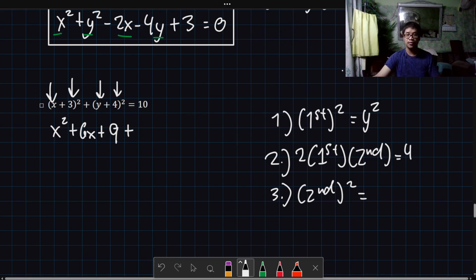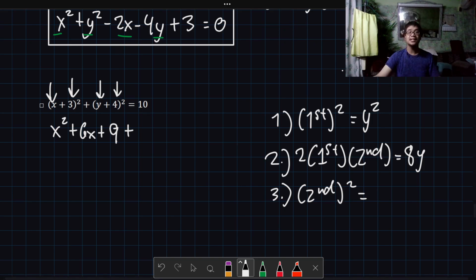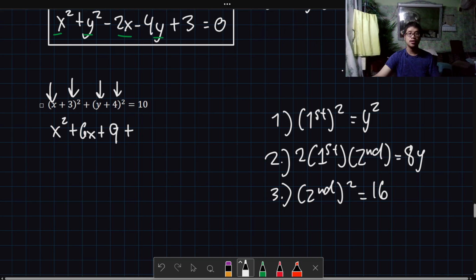So you will get 4y. No, wait, that's 8y. Forgive me, 2 times y is 2y, times 4 is 8y. Then lastly, you square the second term. The square of 4 is 16. So you will have y squared plus 8y plus 16 is equal to 10.